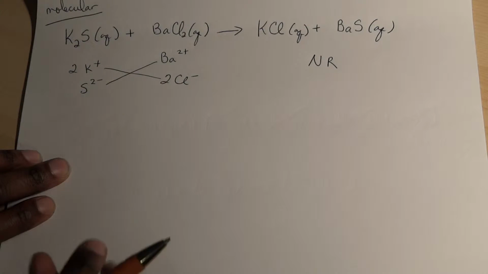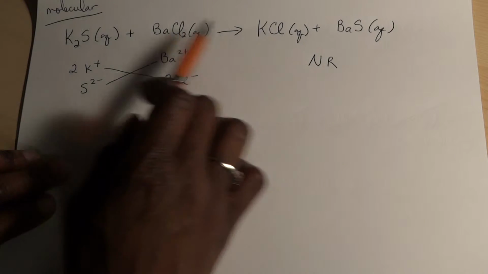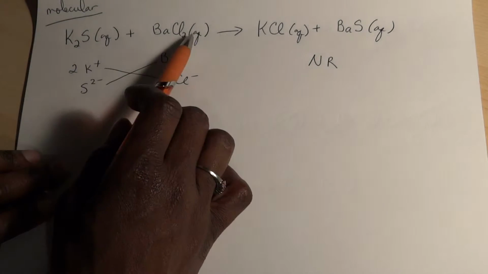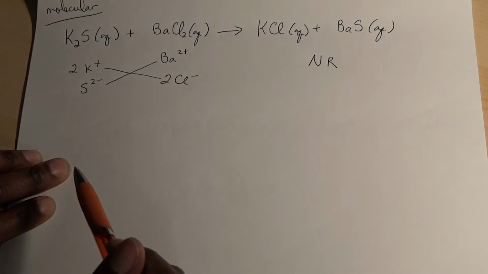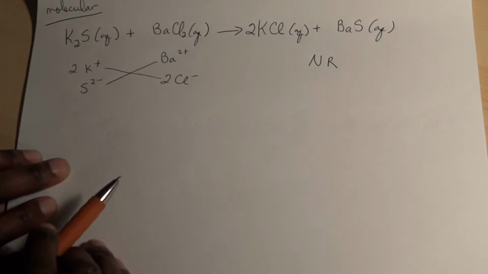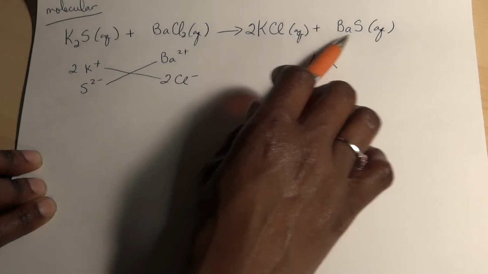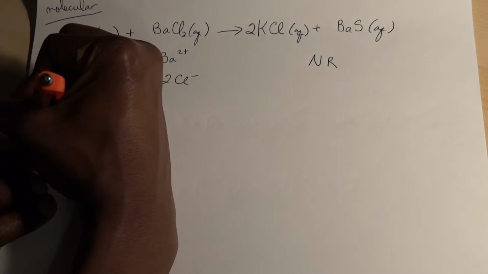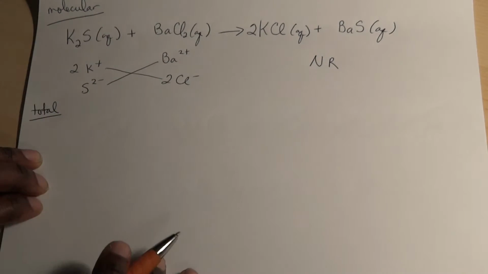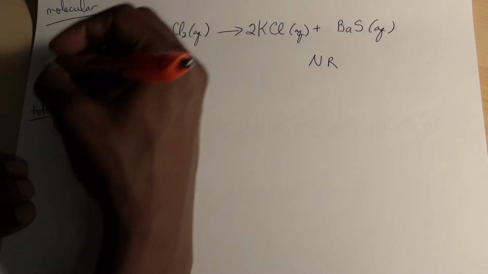So typically we wouldn't have to balance it, but I thought I'd go ahead and show you why it's a no reaction. So think about what happens if all 4 of these are aqueous. So I can put a 2 here. That makes it balanced. Now, if everything is aqueous, then everything breaks up.